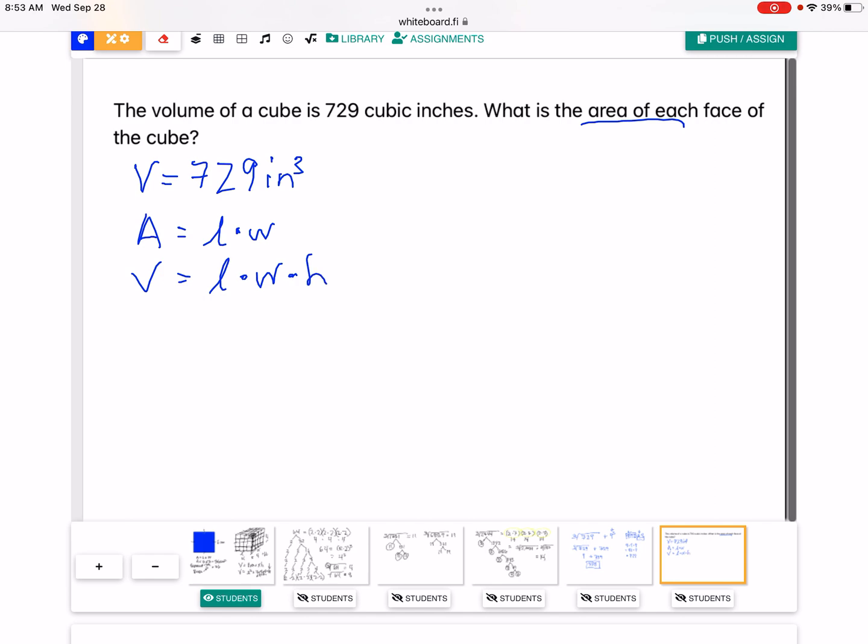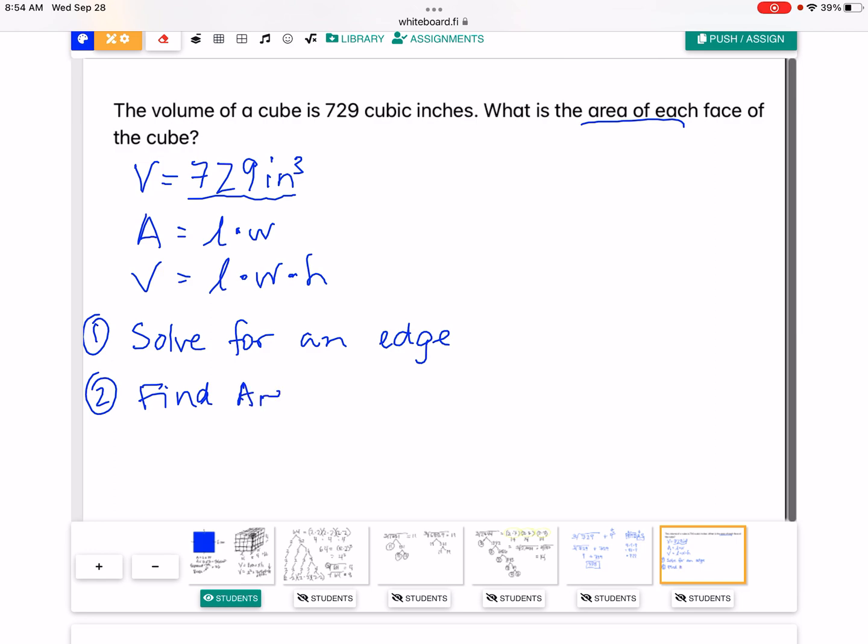So if I find the edge of one of these, I can find the area, right? Because they're related. So I need to find the edge. And then this is my plan. I'm going to find the edge. And then I'll find the area, right?